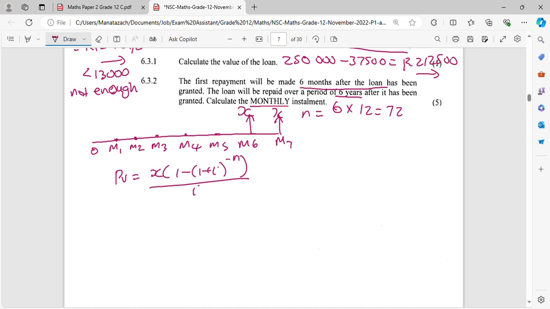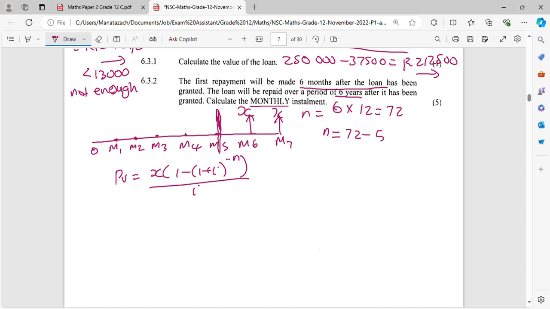You might have realized that he's not paying for the first 6 months, so we're going to be calculating the present value just here, at month number 5, just prior to the first payment. That means the n will change now. We're basically saying n is equal to 72 minus 5. The first 5 months are not accounted for. You start paying on the 6th month.